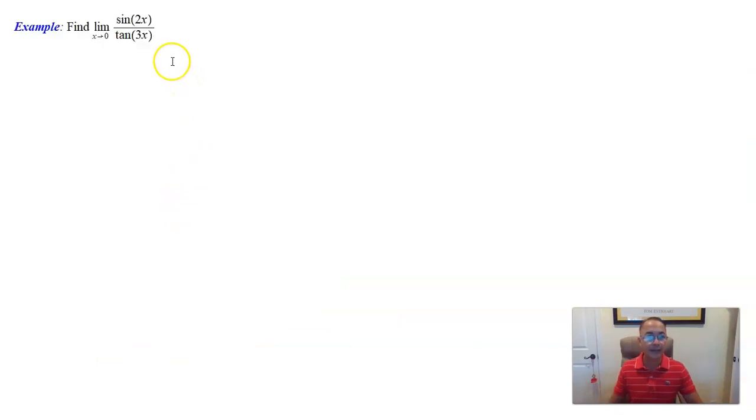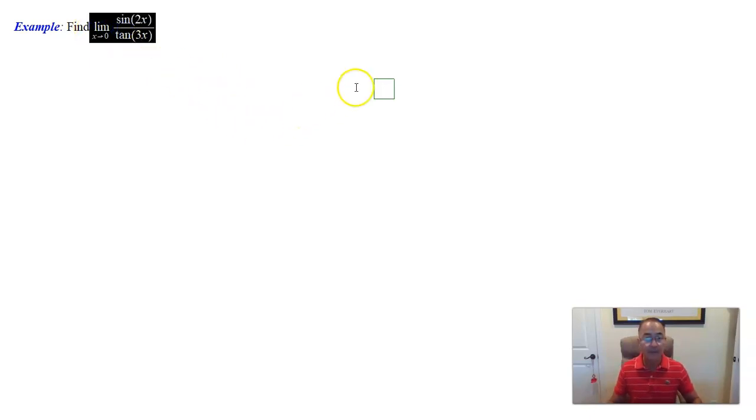First example, let's find the limit as x approaches 0 of sine of 2x over tangent of 3x. You may or may not have done this particular example in basic calculus. I know I would give something like this on the final exam, but maybe your teacher did not.